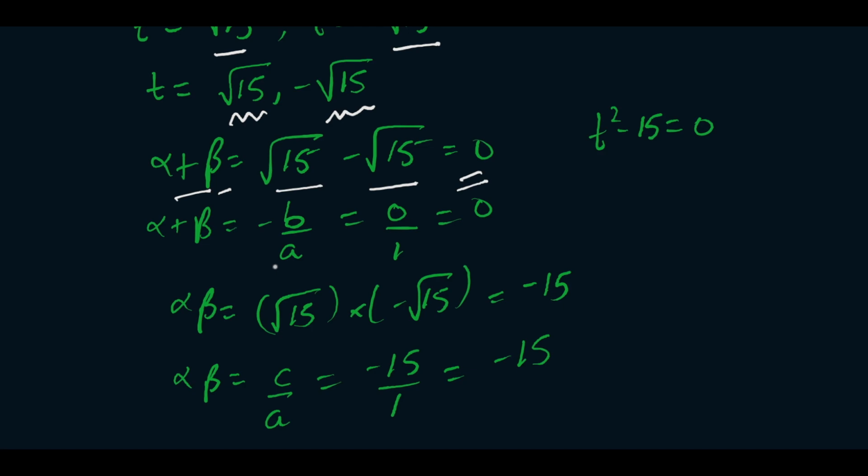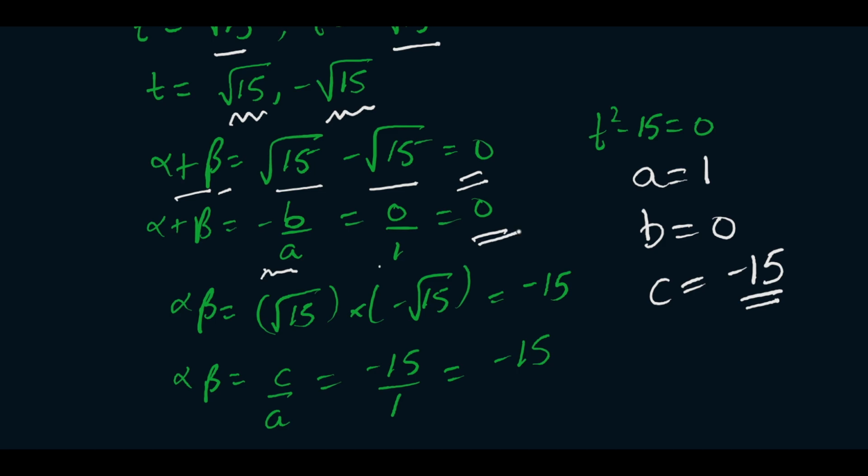This value is alpha plus beta, which is equal to minus b by a. Here our a is 1, b is 0, c is minus 15. So for minus b by a, b is 0. 0 divided by 1 gives us 0, and the sum of the roots is also 0.